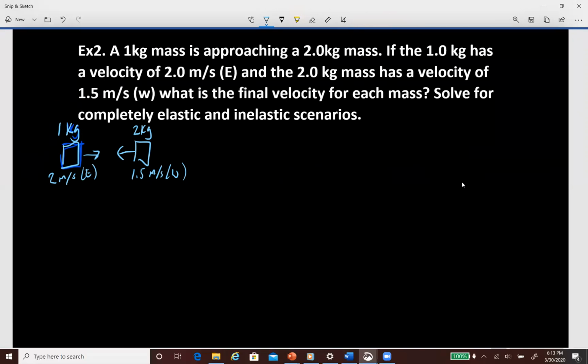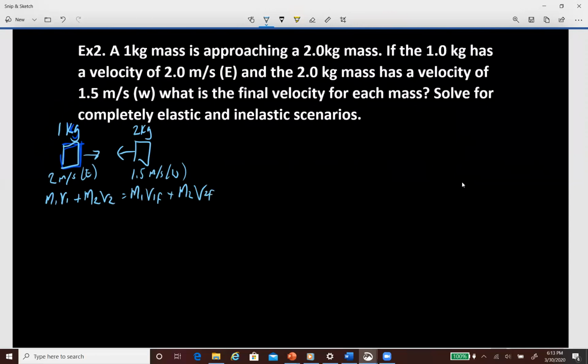From the previous question, we know that the momentum and the energy is conserved. So that would mean then that the initial momentum m1 v1 plus m2 v2 is equal to m1 v1f plus m2 v2f.